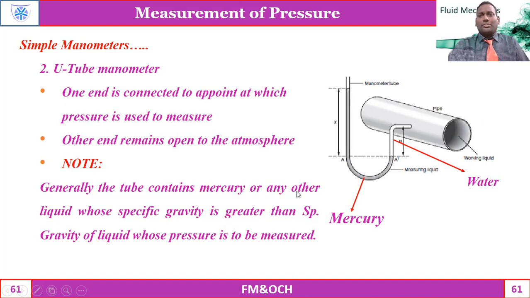The uniqueness compared to the piezometer is that this tube contains two liquids: one is the heavy liquid and the other is the working liquid. Generally the heavy liquid we use is mercury, and the working fluid may be oil or whatever it is.